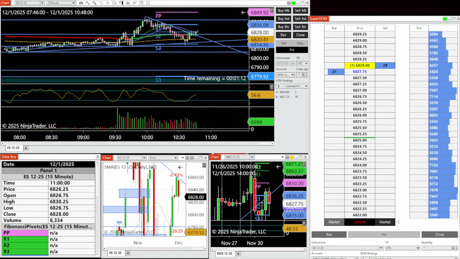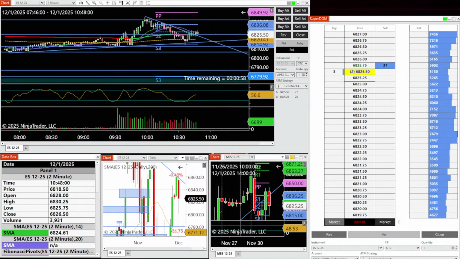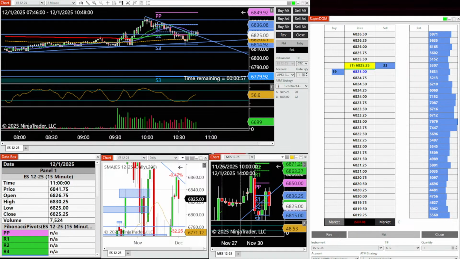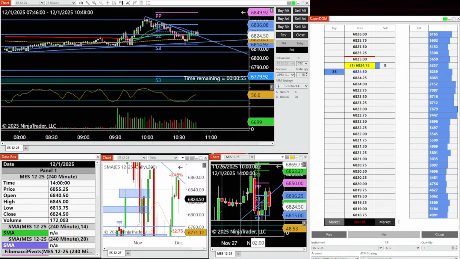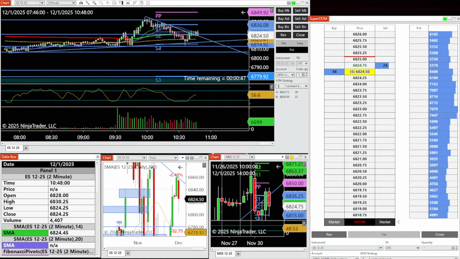The 15-minute looks like it's a good long. The 3-minute looks like it's going to roll over. The 2-minute looks like it's just consolidating in here. The daily looks like it's good for a breakdown. Four-hour bar.